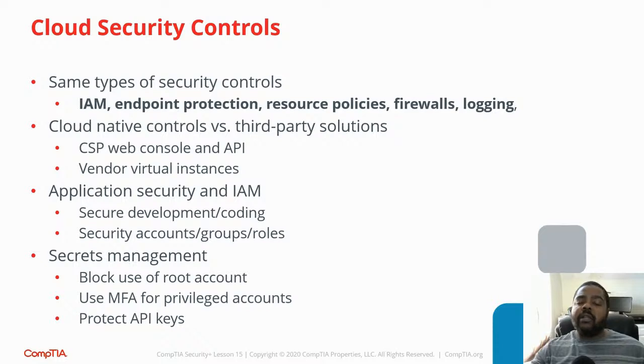Now, when we're talking about having security controls on the cloud, we want to make sure that we follow the same format that we do when it comes to physical devices that we have in our environment. So we want to put endpoint protection on there. We want to make sure that we have policies out there regulating what users can do and what they shouldn't do.